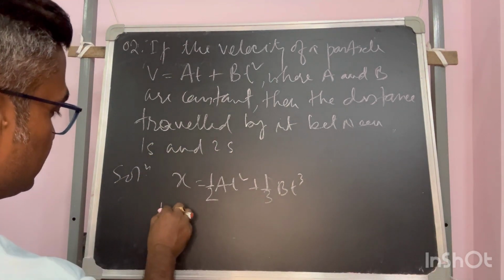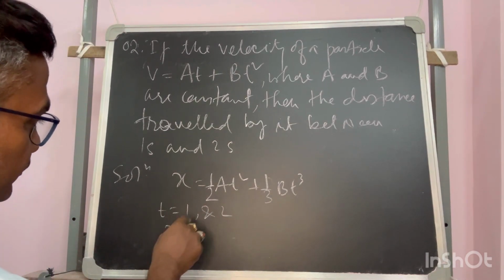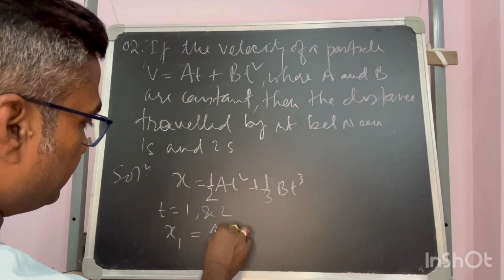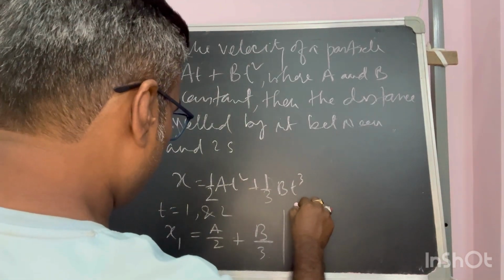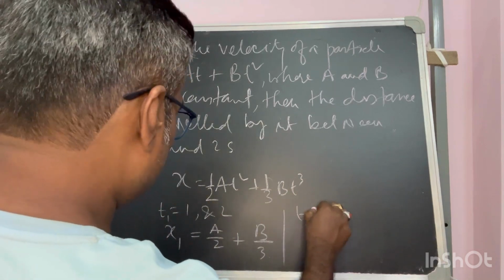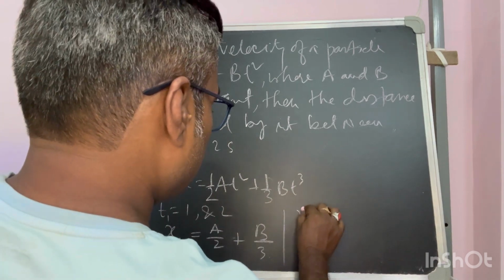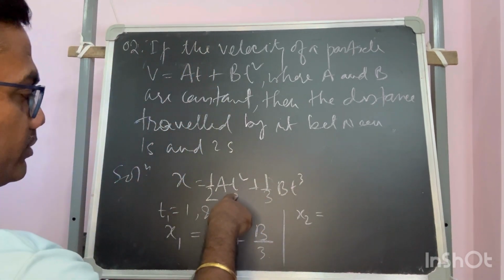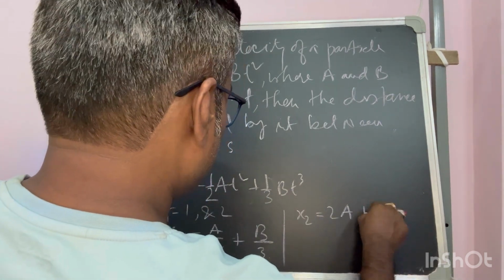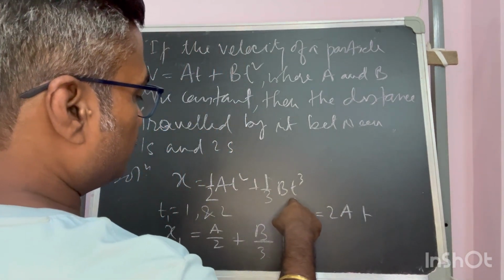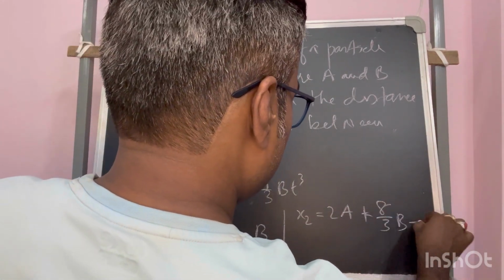So if I put consecutively t equal to 1 and 2, x1 for t equal to 1 will be a by 2 plus b by 3, and for t equal to 2 seconds, x2 will be 2 square means 4 by 2, 2a, plus 2 cube means 8 by 3 b. So this will be your second equation.